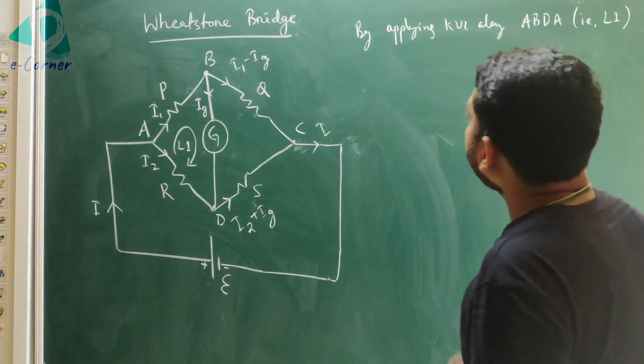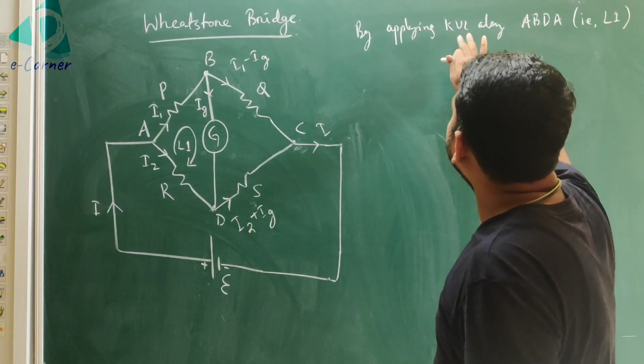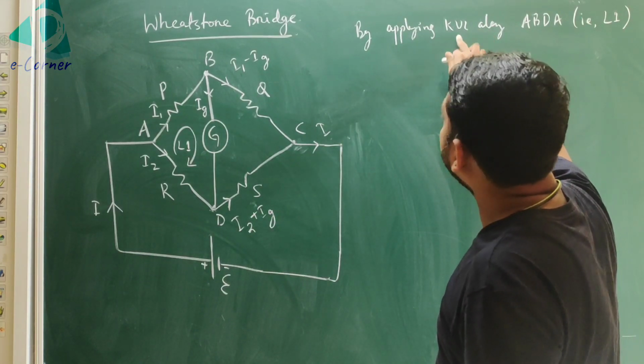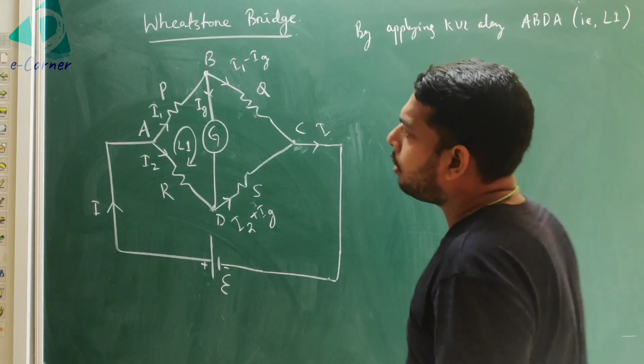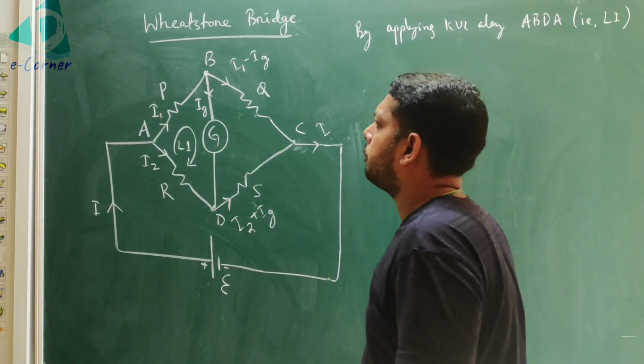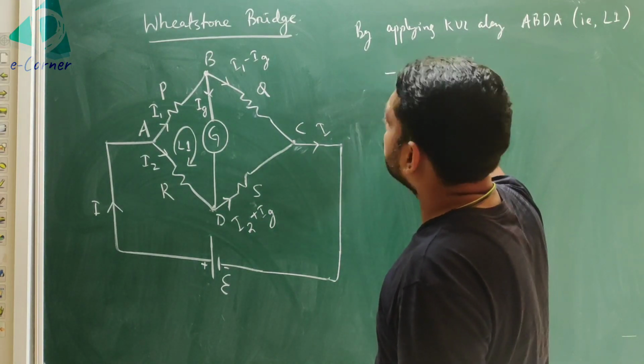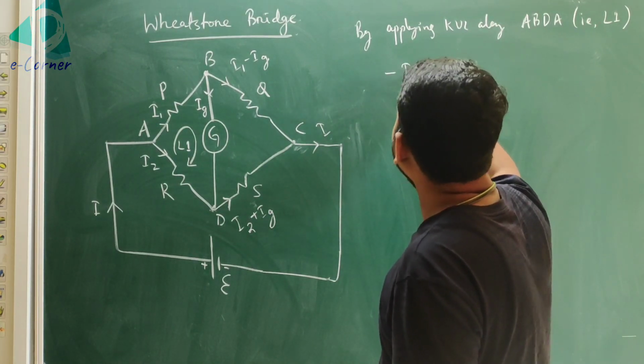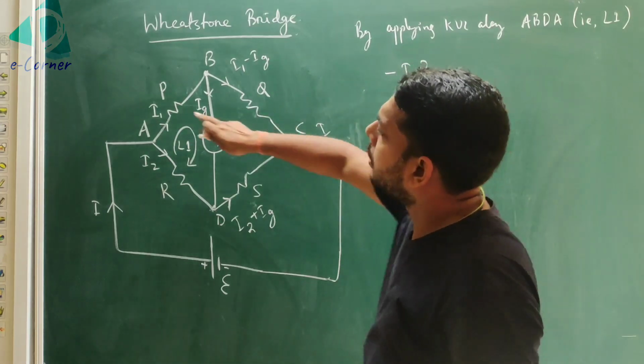Now you can write the expression or equation for KVL. I am not putting the positive and negative signs; if you want, you can put them. So this is minus I1 into P, where P is the resistance.